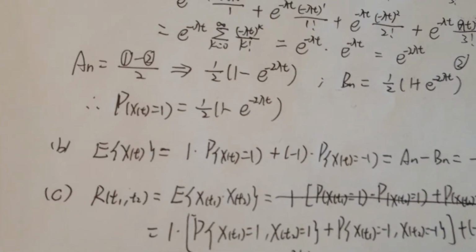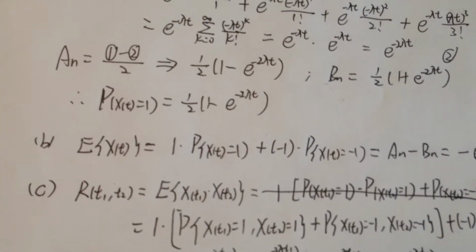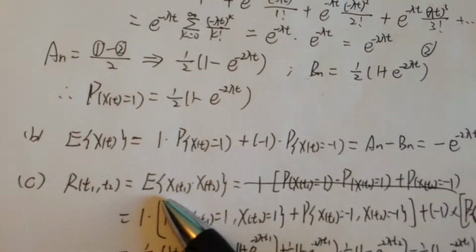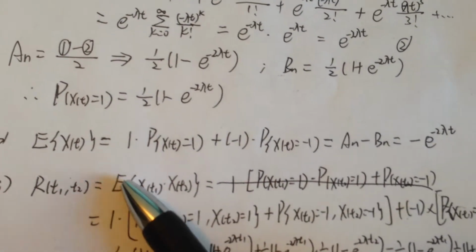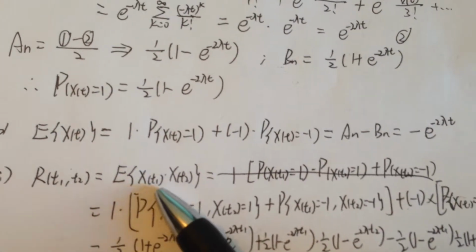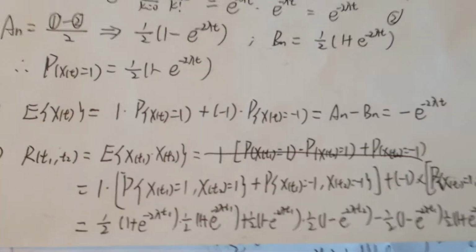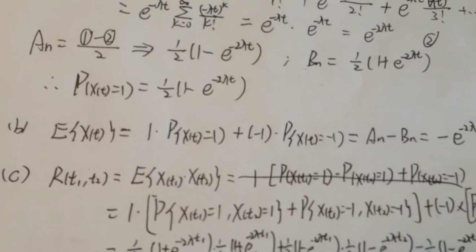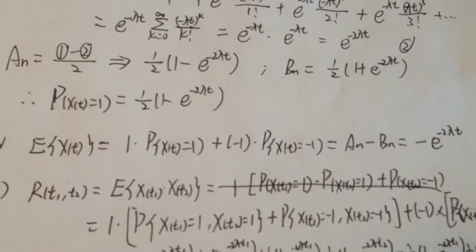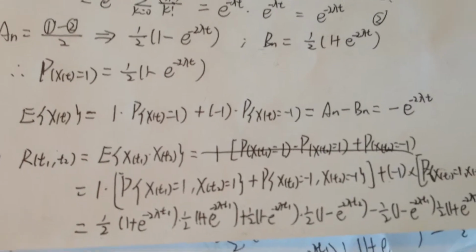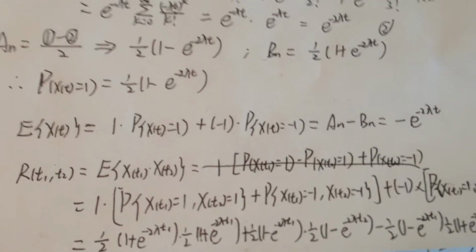And then we have to find the autocorrelation of t1 and t2. That also equals the expected value of X(t1) times X(t2). We can easily note that the product of X(t1) times X(t2) either equals 1 or equals minus 1.